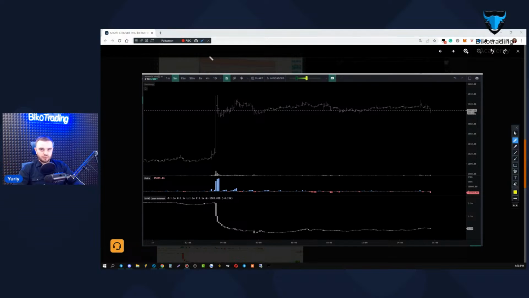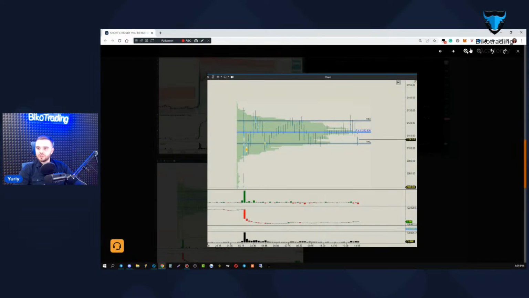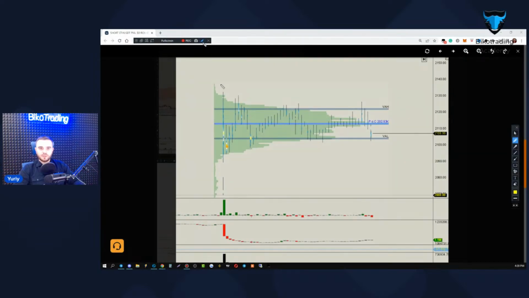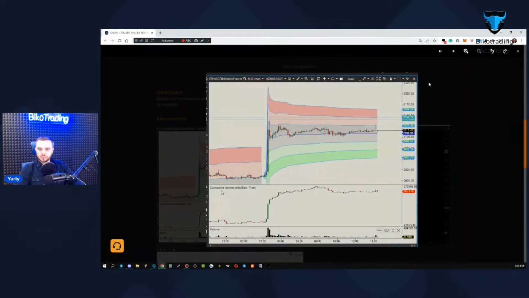We had super positive delta, and here I gave our community a recommendation: if Ethereum will make a fake out of value area high, here we should take short for a drop. And honestly, I thought the drop would be way bigger.